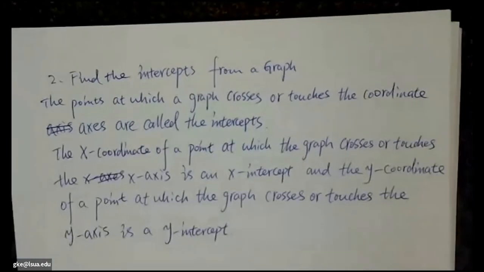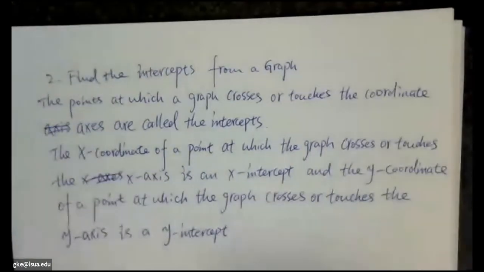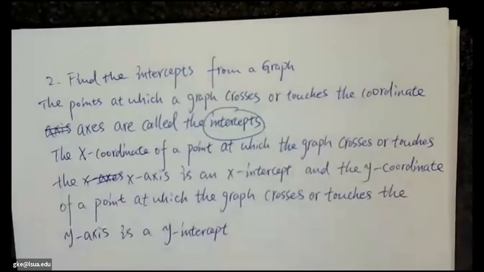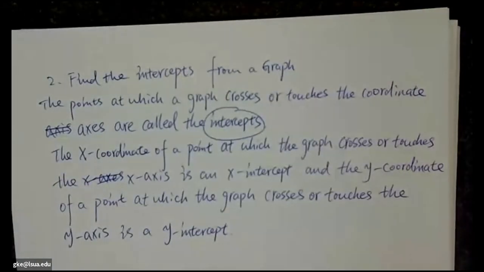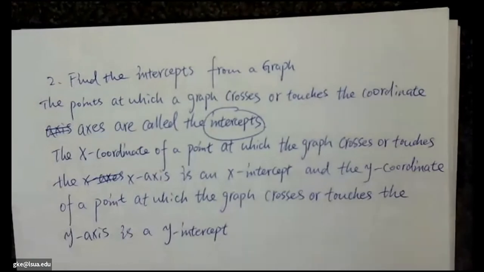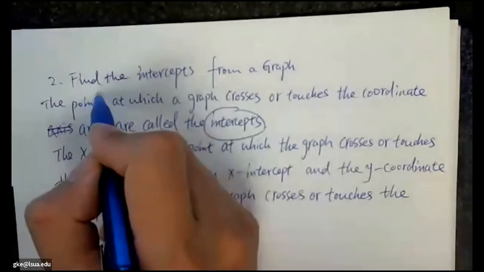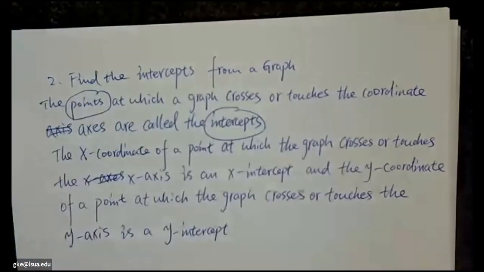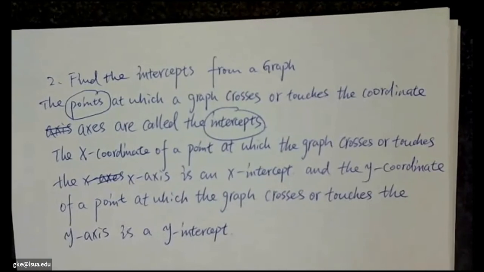Okay, so now let's take a look at the definition. The first terminology is intercepts. Intercepts, okay? What is intercepts? The first thing you guys need to know, that is a point. A point is a coordinate, okay? (x, y), a point.